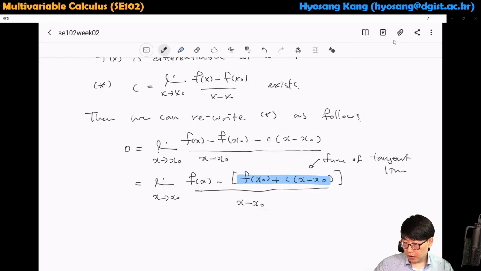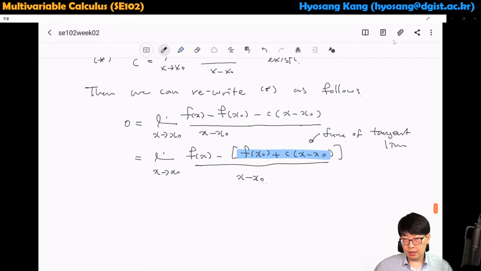What we are actually comparing when we talk about the differentiability of a single variable function is the difference between the value of the function and the value of the tangent line, and taking the ratio between that difference and the difference in the variable x.